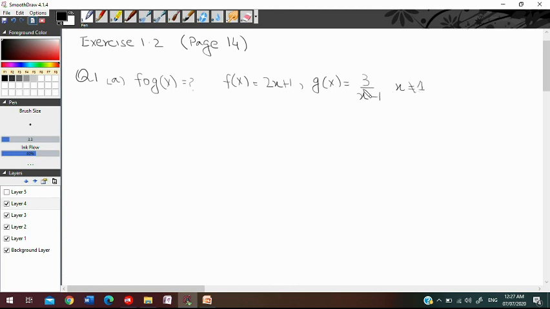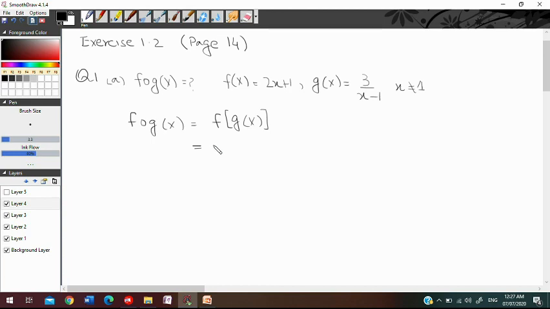Okay, we start the solution of our question. f naught g of x means we can write this relation as f of g of x. Both representations are the same, and both show that these are two functions and the whole is a composition function.